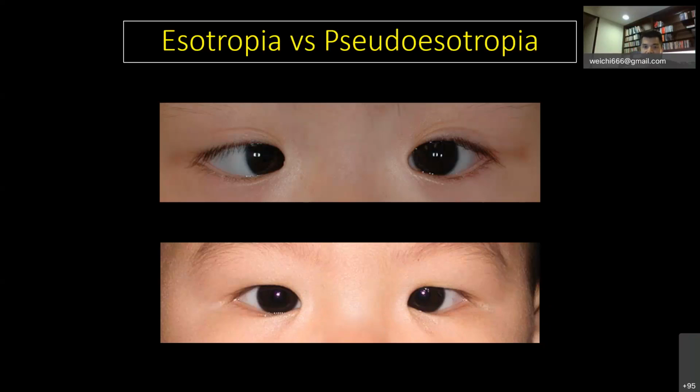But actually the patient does not have esotropia. There's no strabismus in this patient. So with this simple technique, you could have a very close assessment of the patient's eye position.